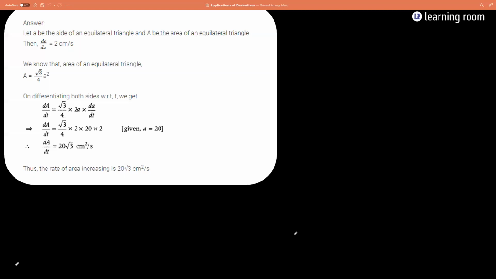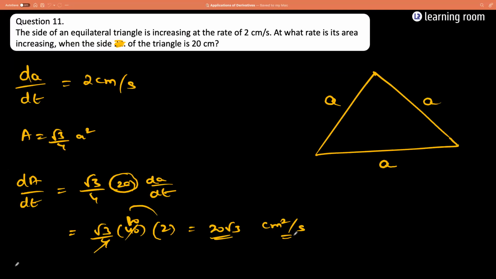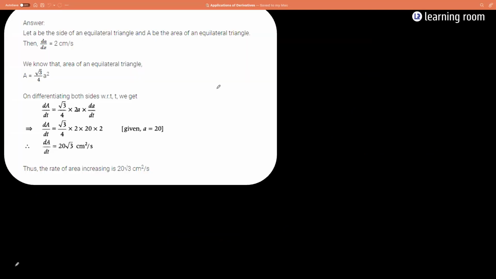Sir, after differentiation, I got root 3A by 2, sir. Correct. Root 3A by 2, like I cut 2 and 4, so it's root 3A by 2. But you forgot dA by dt. Chain rule. Yeah, that you forgot. Oh, yes, sir. Understood.